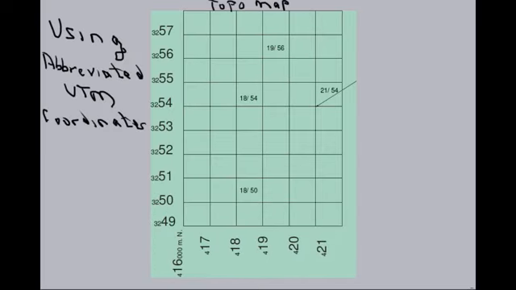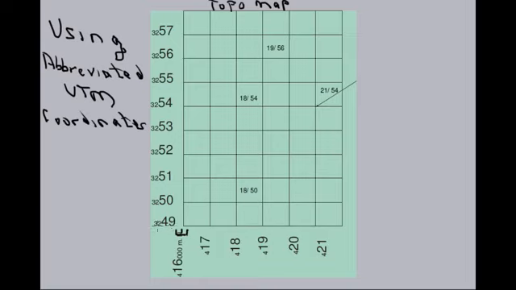Let's look now at how to use abbreviated forms of UTM coordinates. Here is a topo map that has the UTM grid on it, and if we come down here we can see the southwest corner of this map. The easting is 416,000 meters east, and 3,249,000 meters north.